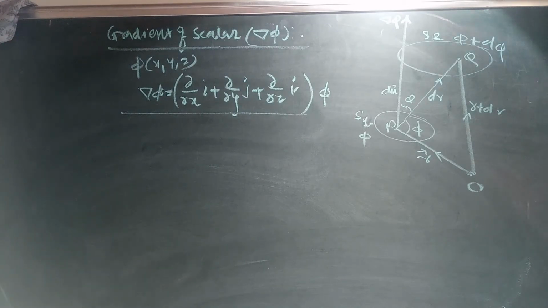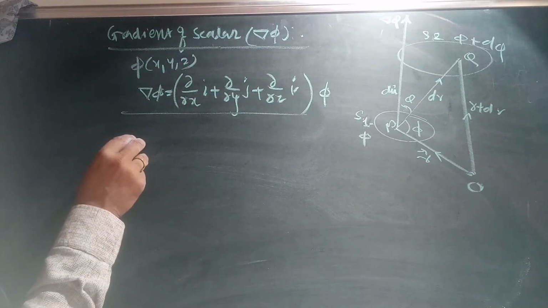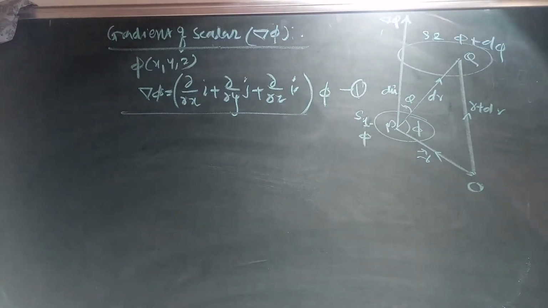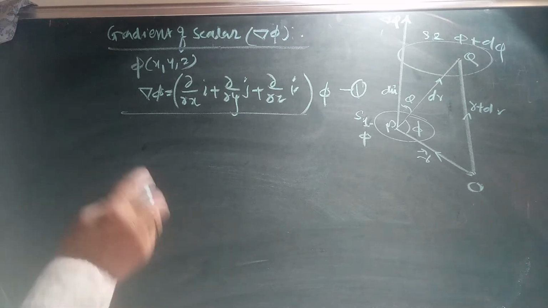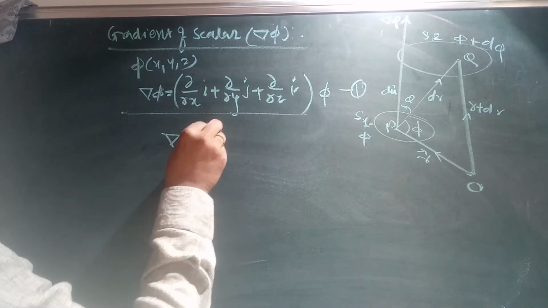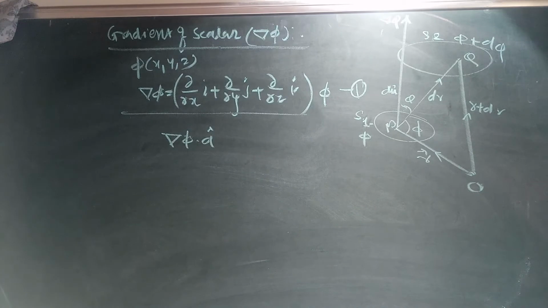Now the directional derivative we can have, say this is number one. The directional derivative is the component in the direction of unit vector A, given by del phi dot A, where A is the unit vector.